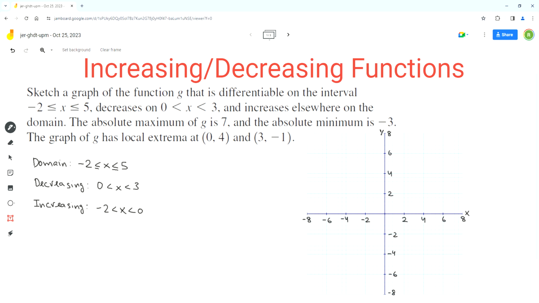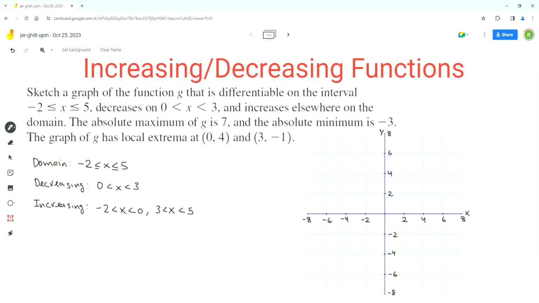Now the next interval on which the function is increasing is from 3 to 5, because the decreasing interval stops at 3 but the domain stops at 5. So these are the two intervals over which the function is increasing.